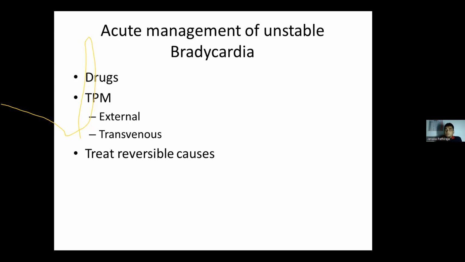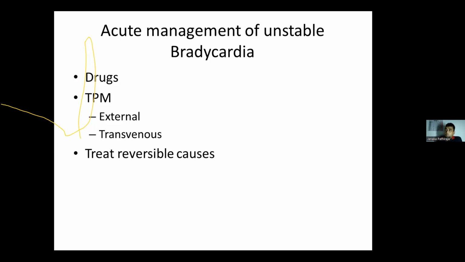Once you stabilize the patient with a temporary pacemaker, it could be external or transvenous, then you have some time because you have a reliable way of maintaining heart rate. Then you have to look for any reversible causes.